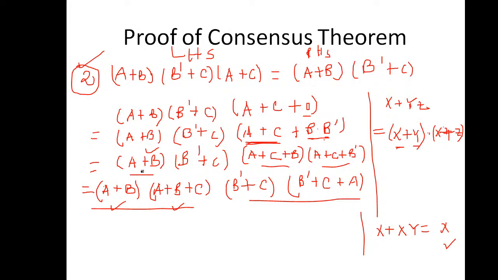So it will be x. So can we apply this one here? You can take this one as x, and this will be x plus y, right? Suppose this is x and this is x plus y.